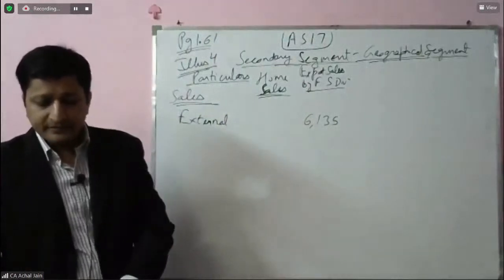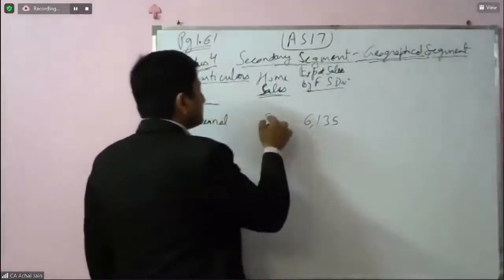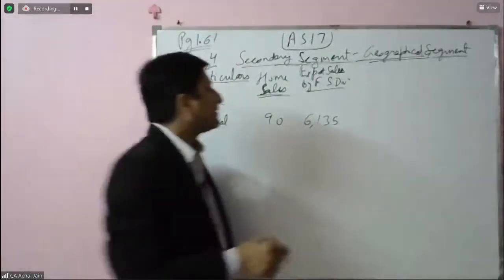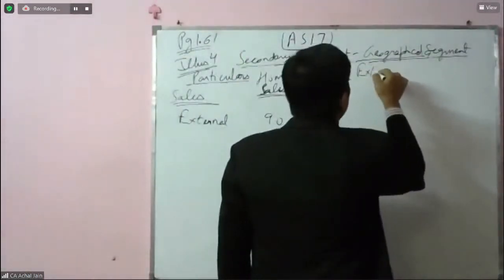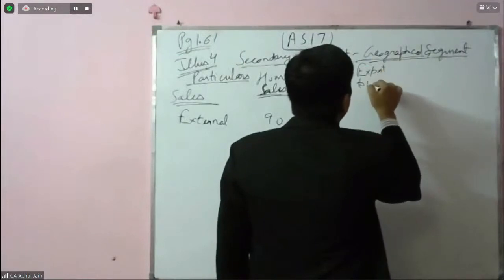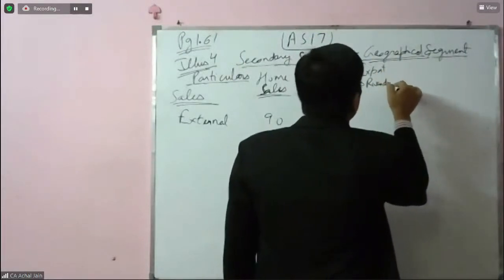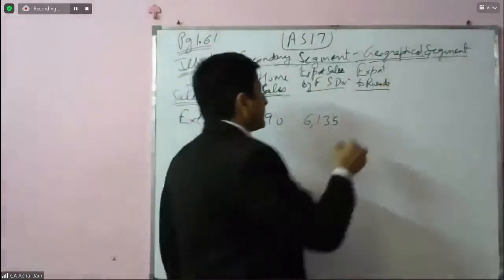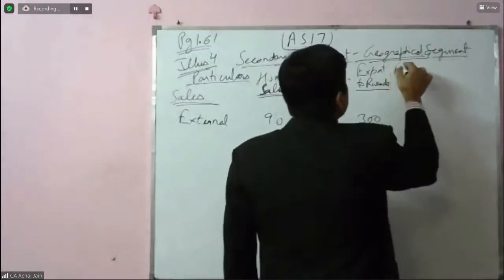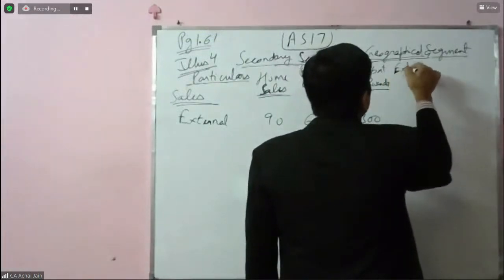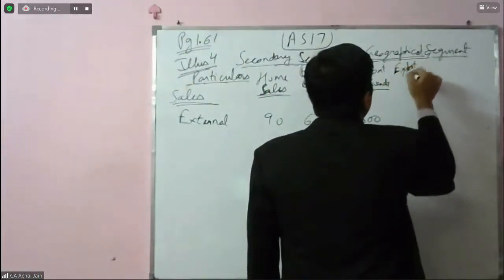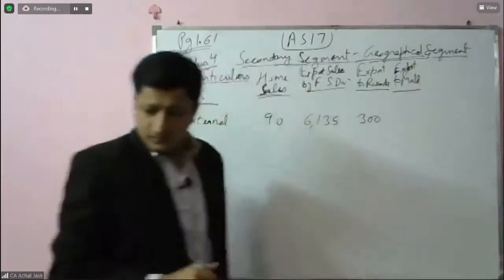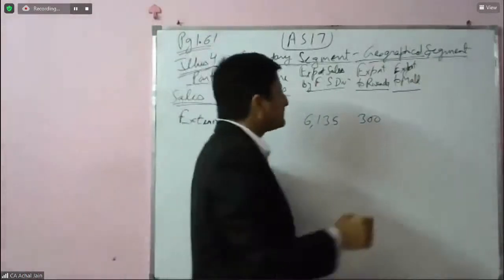It's 90. Then export to Rwanda is again given to us, 300. Export to Maldives, $270.